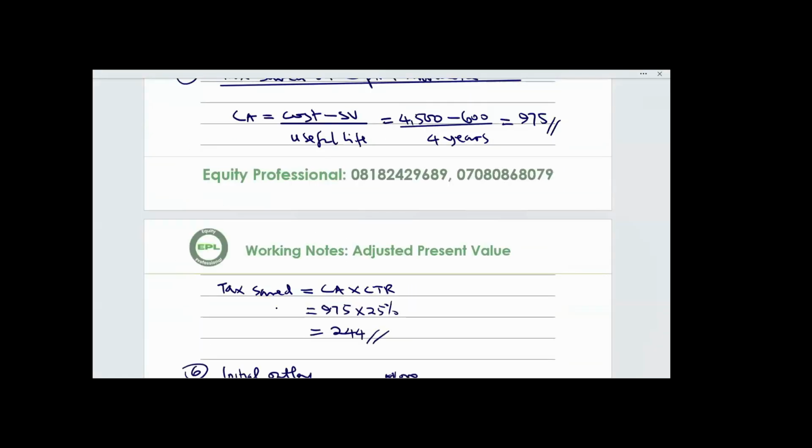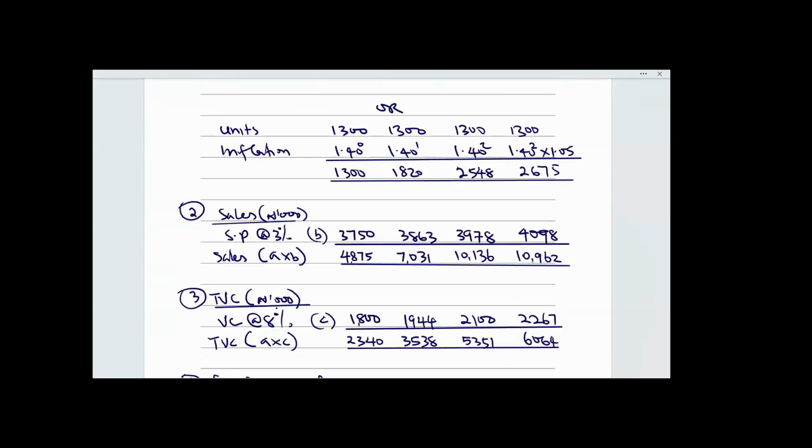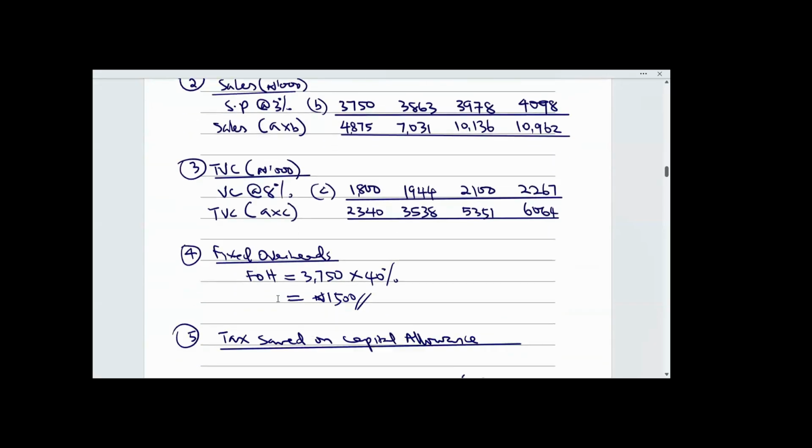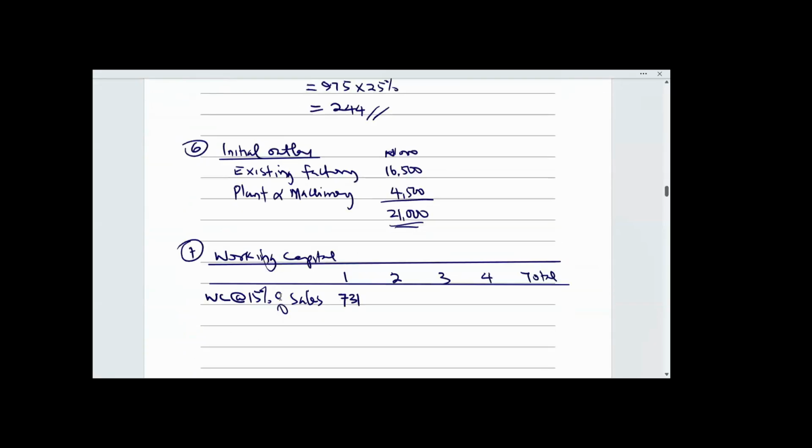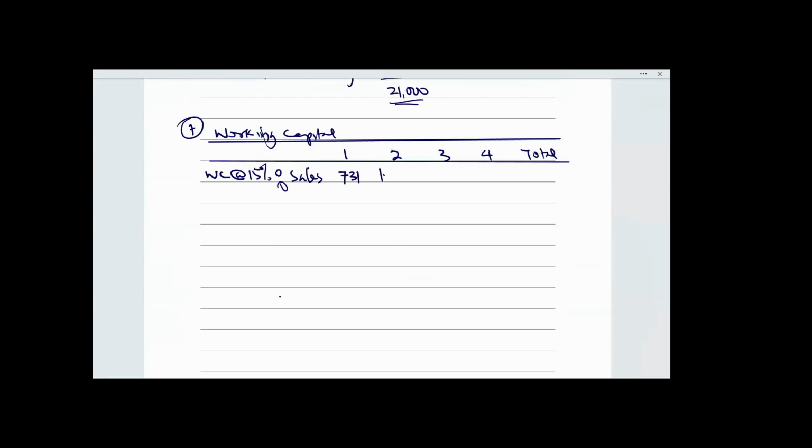Then year 2 sales is 7,033. 1055. Then year 3 is 1520. Then year 4.